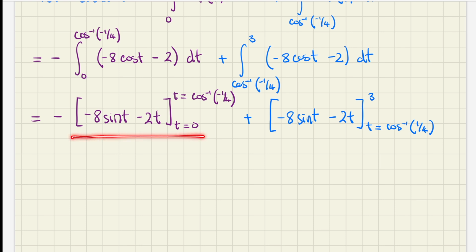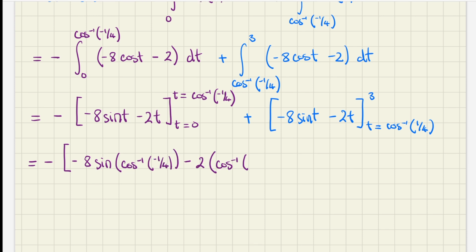For the first part, I plug in t equals cosine inverse of negative 1/4. Minus, when I plug in t equals 0, I have sine of 0 is 0. And 0 times negative 8 is 0. Negative 2 times 0 is also 0. So this becomes 0 when t equals 0.